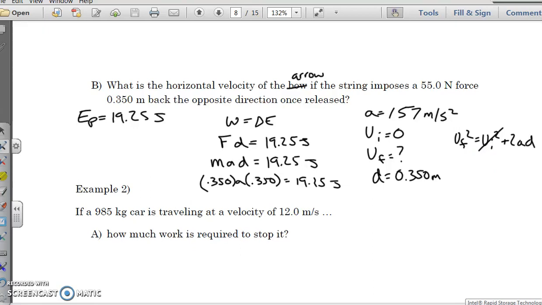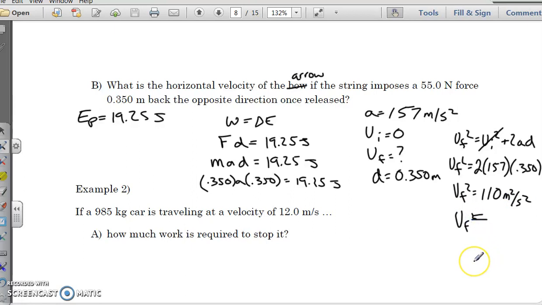And so vf squared is 2 times that 157 multiplied by the 0.350. That gets you a total of 110 meters squared per second squared. And so the final velocity will be square rooting this, which gets you 10.4 meters per second.